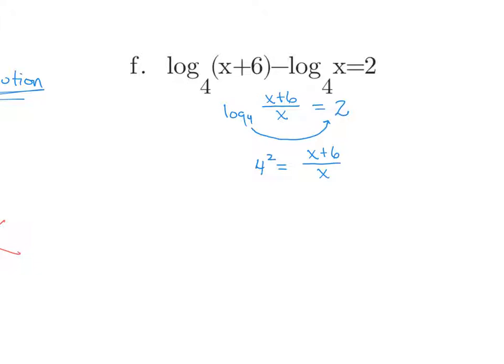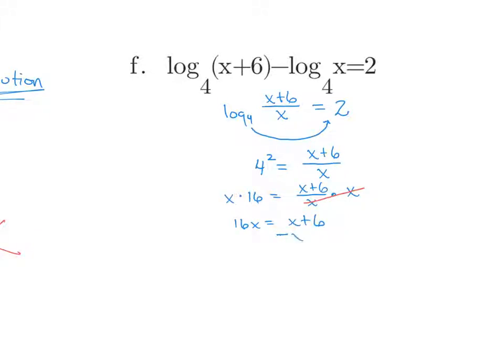Let's go ahead and evaluate the exponent. 4 squared is 16. We still have x plus 6 over x. I want to get rid of the fraction, so I'm going to multiply both sides of my equation by x. On the right side, they cancel. I am left with 16x equals x plus 6.